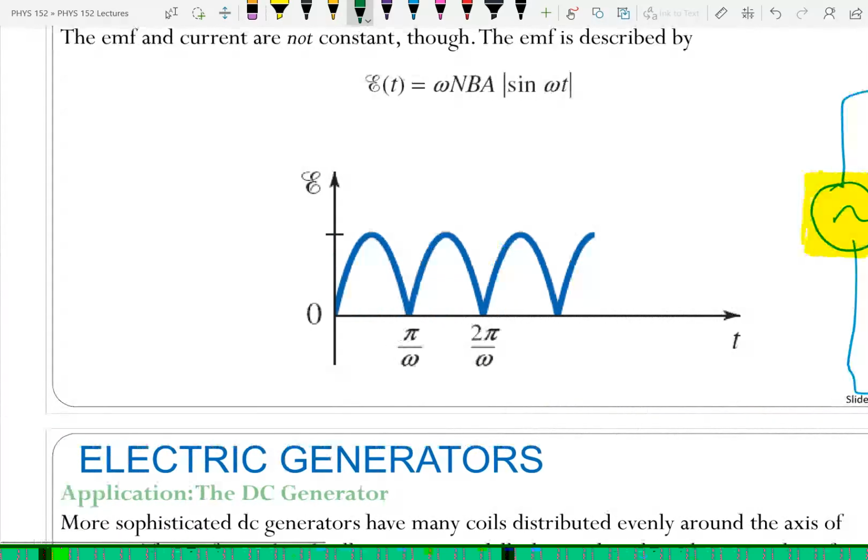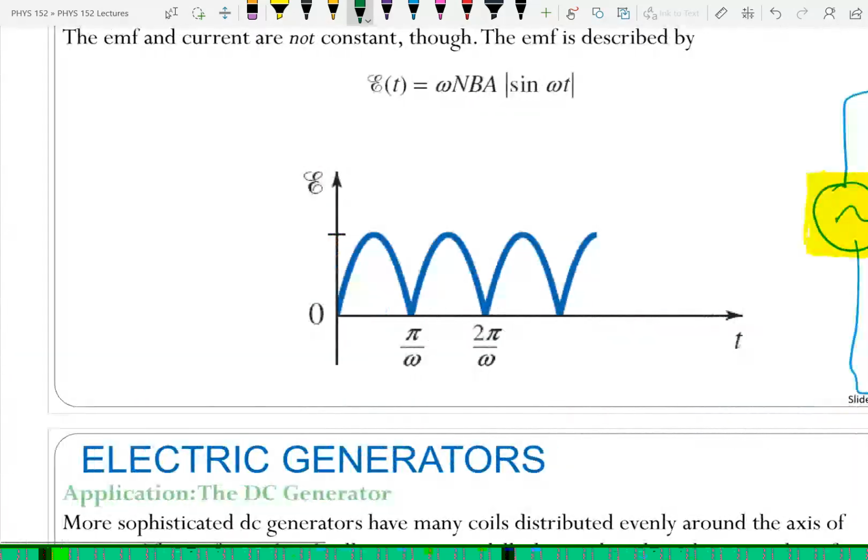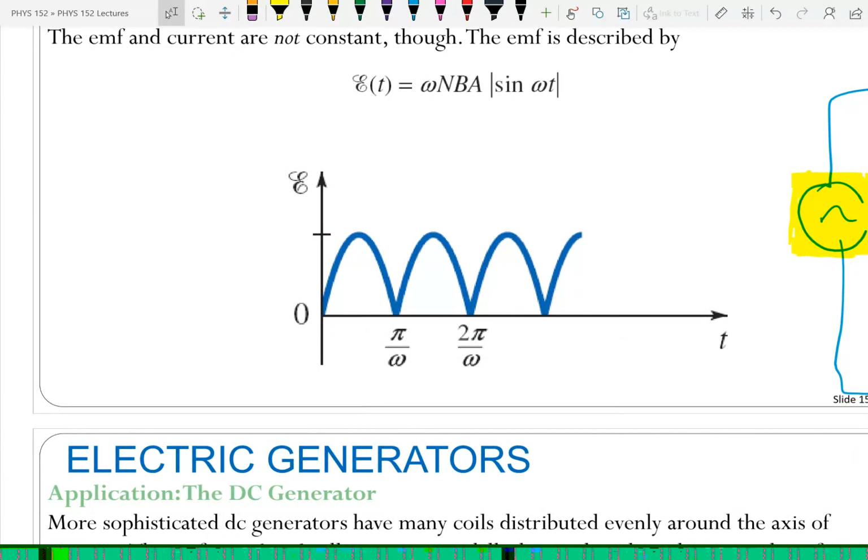Now there's something else we use. This produces a voltage like that. We don't like the voltage to be wiggling around like that. So we want to regulate it. We've already seen a device that will store charge separation and help us regulate the voltage. What was that device? A capacitor.